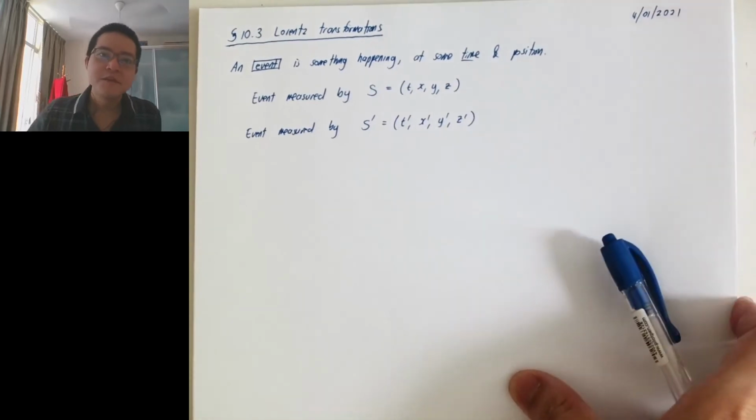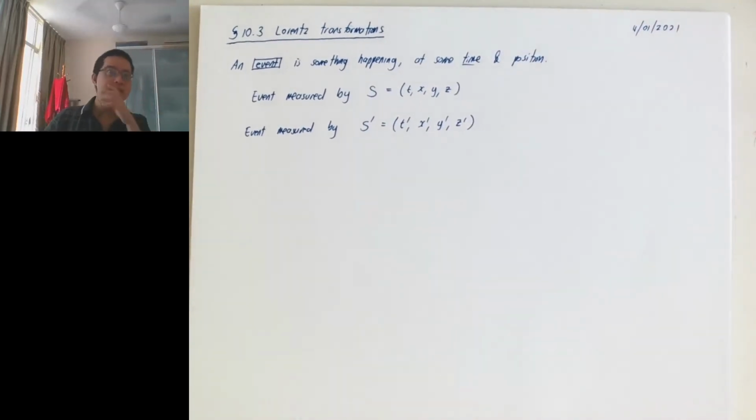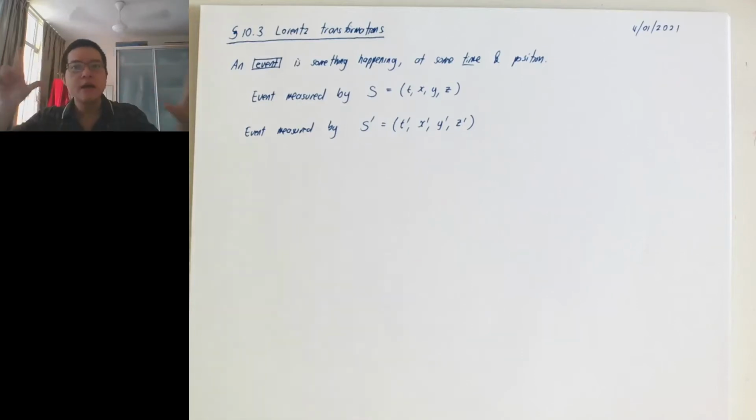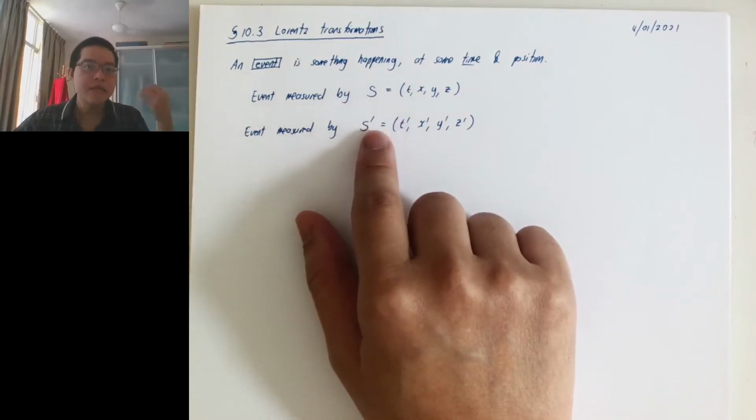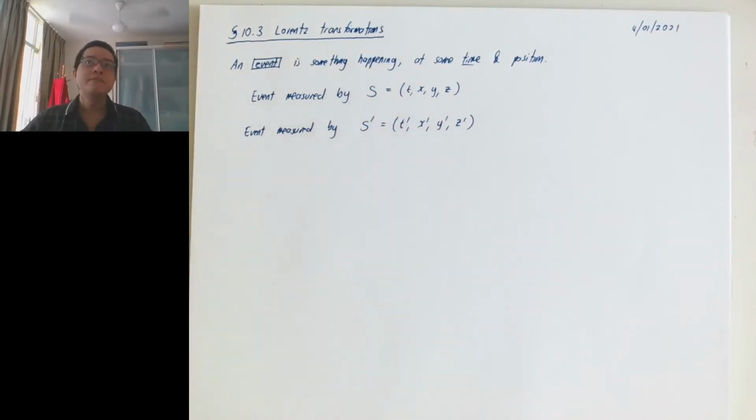Okay, in any case, let us continue with the concept of Lorentz transformation. Last week we discussed how we have two frames, and we call them Alice and Bob. Usually Alice has a frame S and Bob has a frame S prime, and these two are moving relative to each other, and we are talking about inertial frames.